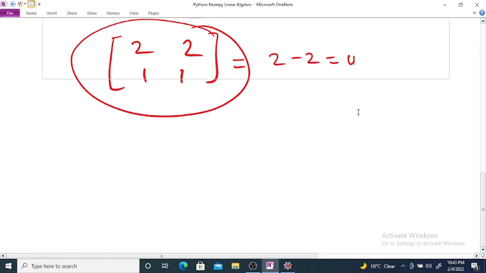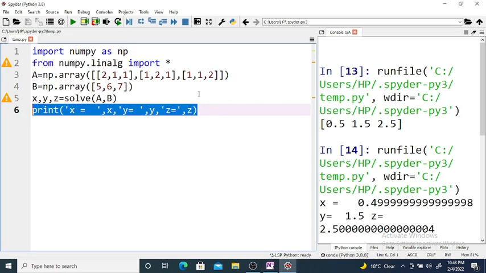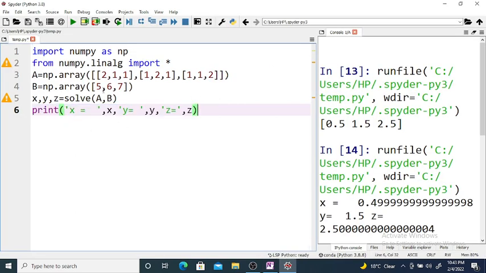Such an equation, if you write in Python, may give an error. If you want to apply the solve command, there is an error. First write A: the first row 2 2, the next row 1 1, and b as 4 2.